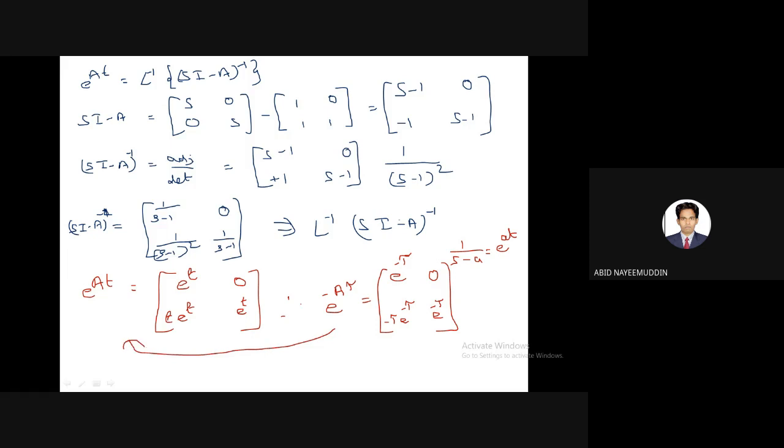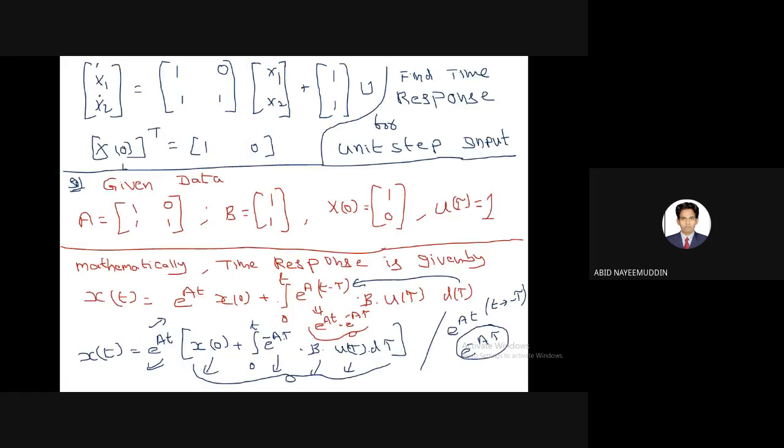In the given formula, the first step is to multiply these two, then integrate that value and substitute the limits, then add x of 0, and finally multiply those two matrices.